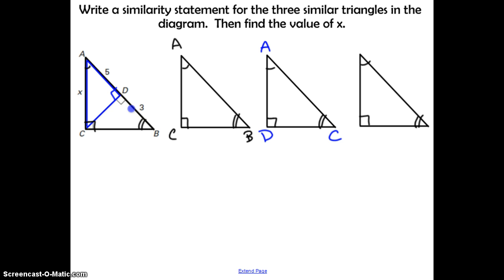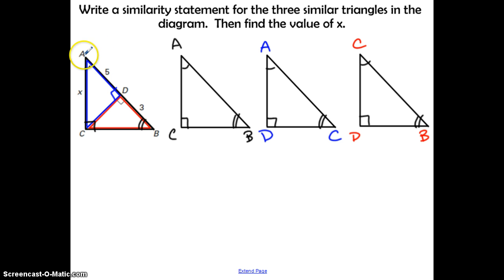When we take a look at the red triangle, we have D is the right angle, B is the one that's marked with 2, and C is our other angle.